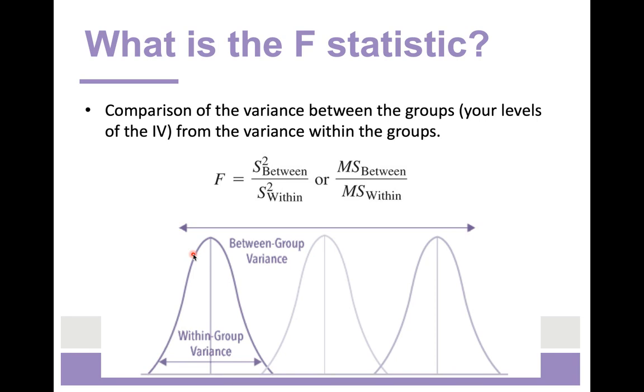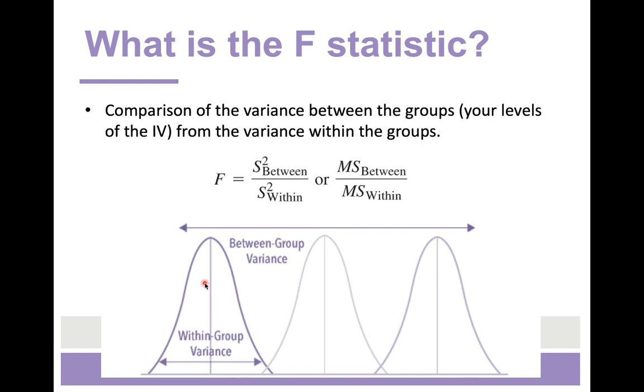They will become different from one another along my dependent variable. So if that's the case, if the medication works, then I will have high between groups variability. However, if the medication does not work, I will have low between groups variability.